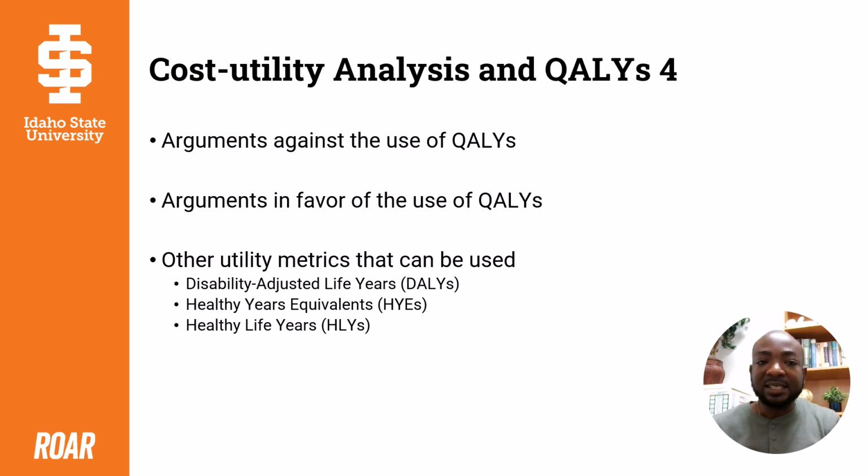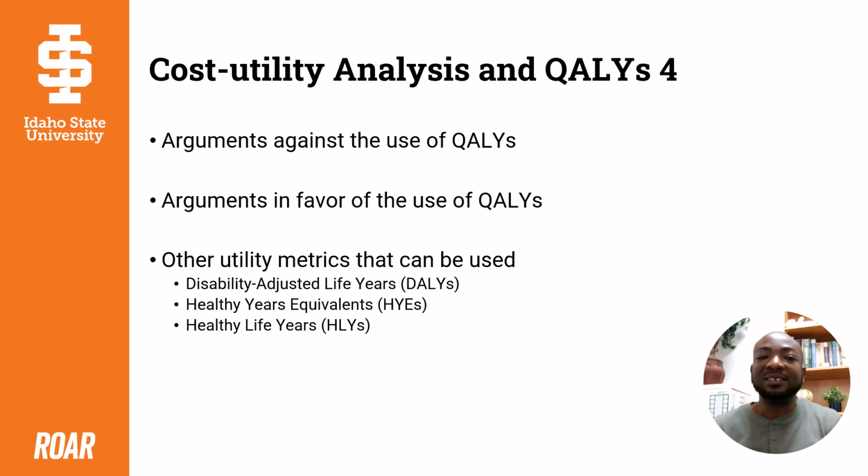Also in need of consideration is the fact that utility values for a particular health state might change with the expected duration of the condition. For example, suffering a chronic condition for 2 years might be more than twice as bad as suffering the same condition for 1 year.